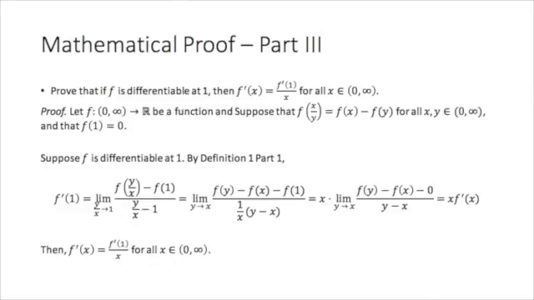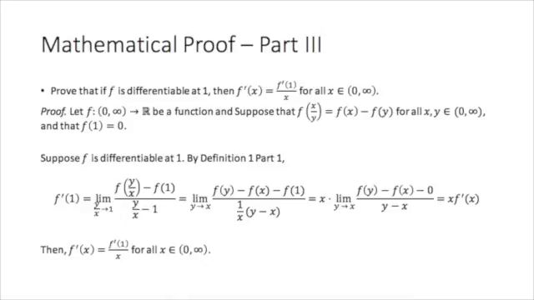And we can substitute also the y over x approaching 1 by y approaching x. We factor out 1 over x in the denominator, so it becomes 1 over x into y minus x. And then on the right hand side, we know that f of 1 is 0, so we remove it from there. So it becomes x multiplied by the limit of f of y minus f of x over y minus x as y approaches x.